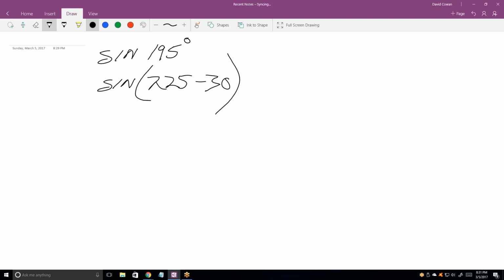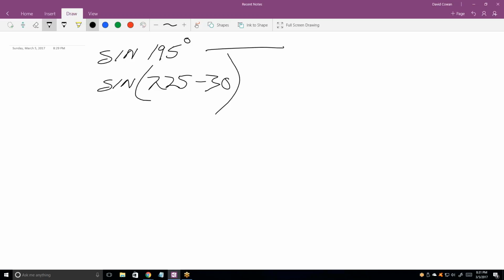In other words, the sine of 225, that's a 45-degree angle in the third quadrant. And the sine of 30 is a common one. In other words, we can figure out both of these without a calculator. Right. Now, let's just play with other possibilities.